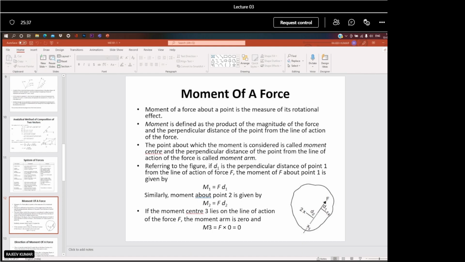The point about which the moment is considered is called the moment center, and the perpendicular distance of the point from the line of action of the force is called the moment arm.